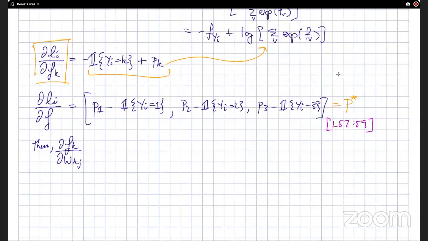What this is basically saying is, I start with my p vector, and then I subtract 1 in the relative place of yi. Suppose yi here was equal to 2, then I would have this p vector and I'd subtract 1 at position 2.